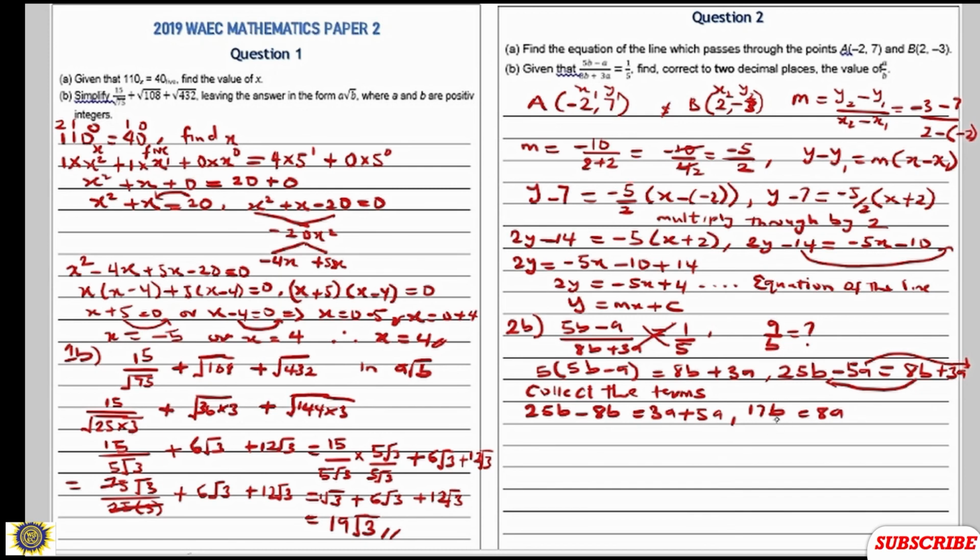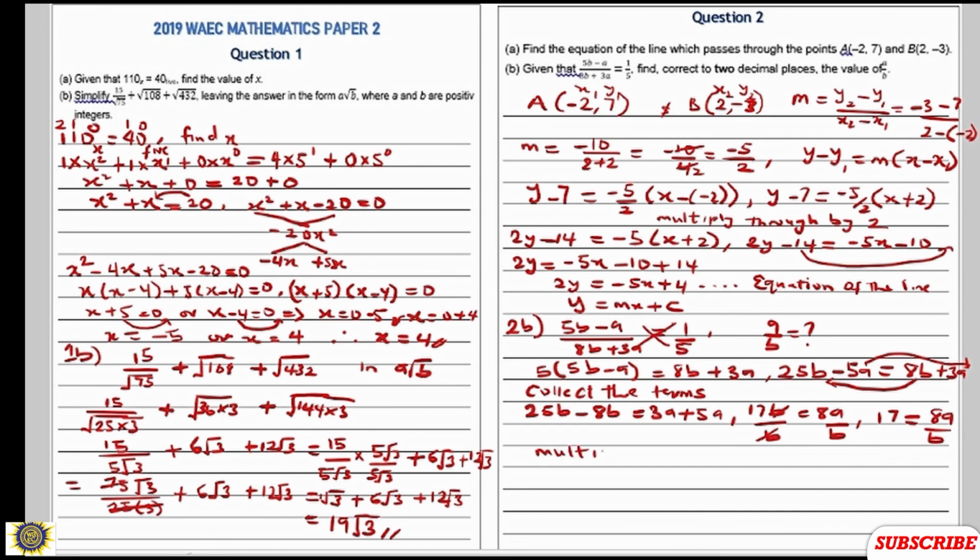So you divide by b first, so that you can have 17 on this side and a over b on the other side. So here we are going to have 17 equal to 8a over b.